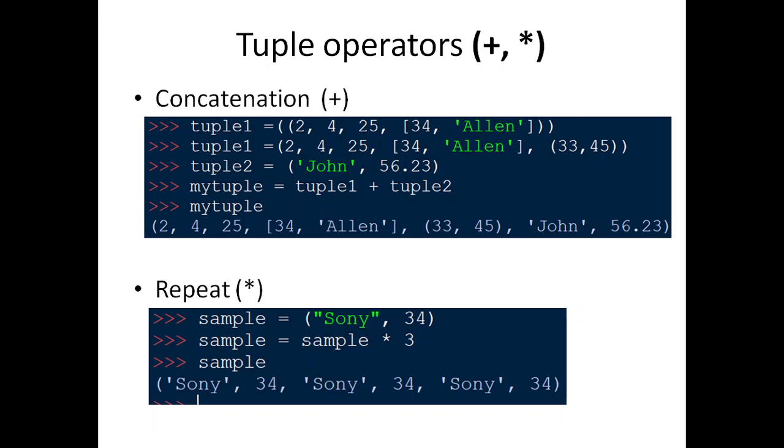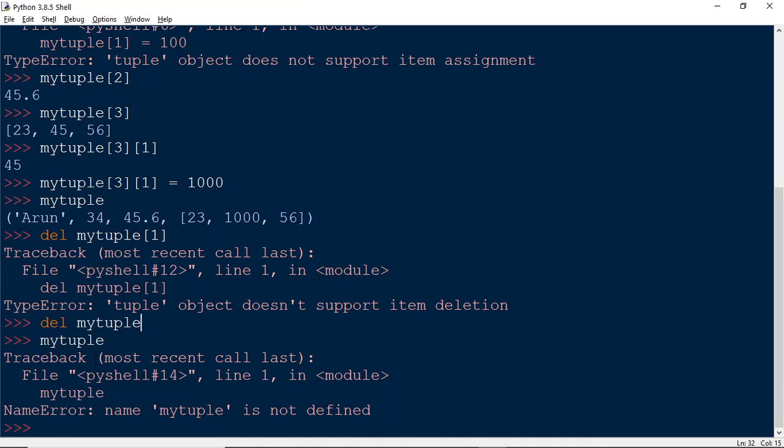Now, tuple operators. We mainly have two operators, concatenation, plus, and star. We have already seen the case of lists; similarly, for tuples you can use them too.